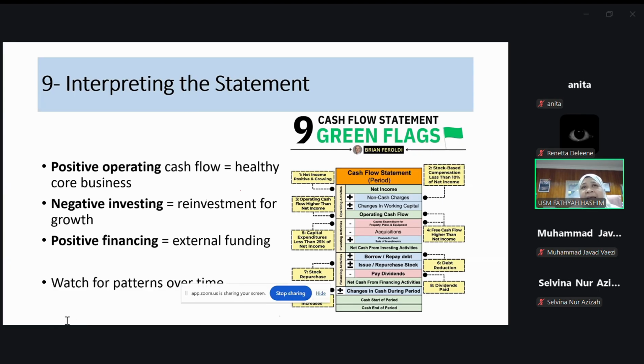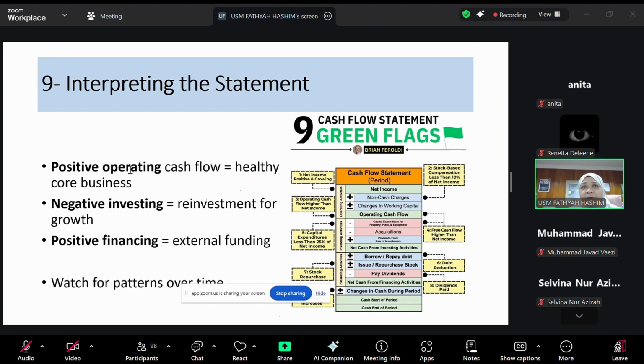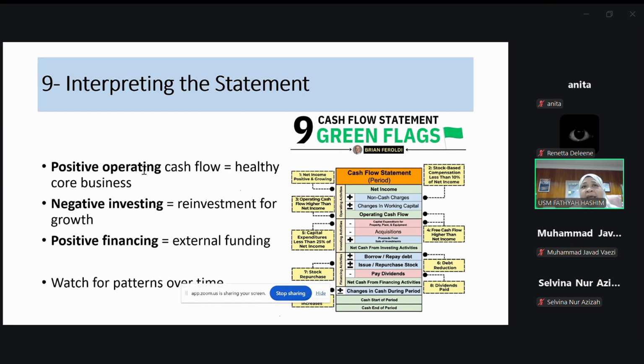In general. And then if we look at the individual section, for instance the operating activities, if it is a positive operating cash flow, it shows that the core business of the company is doing good, it's okay, fine, don't have to worry.